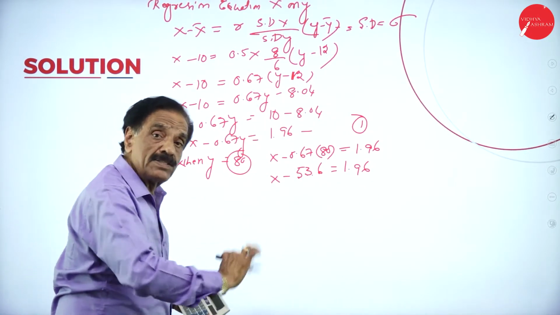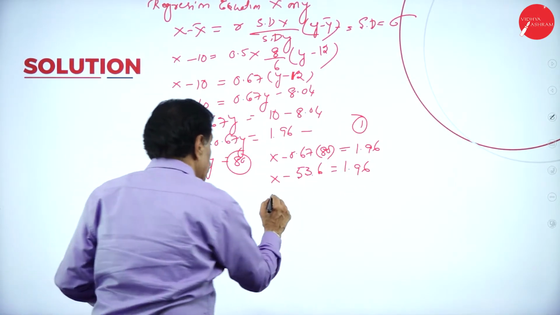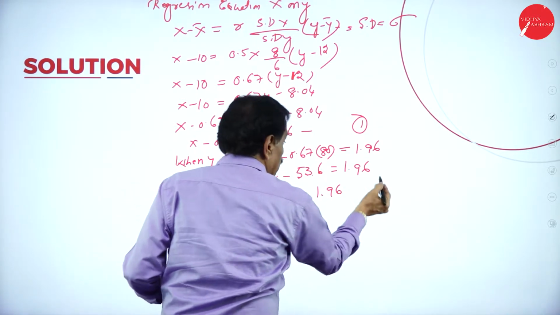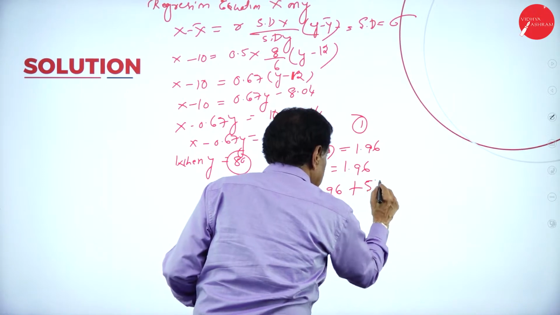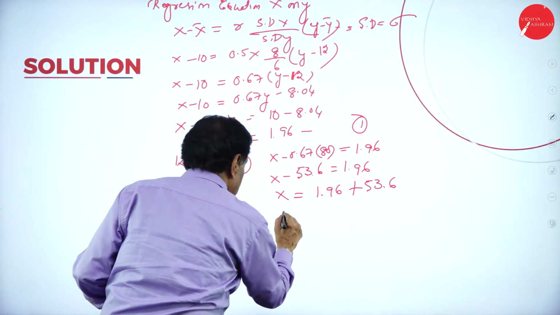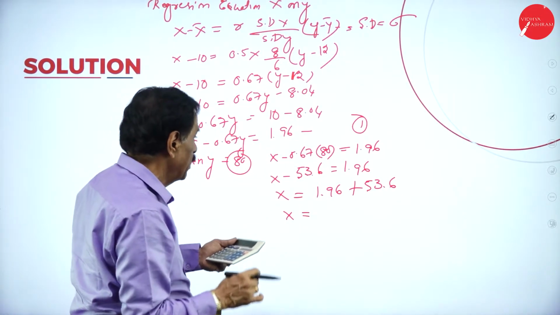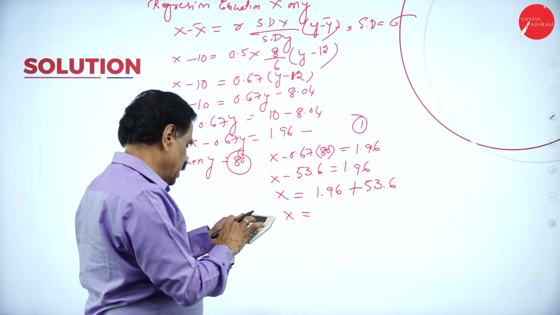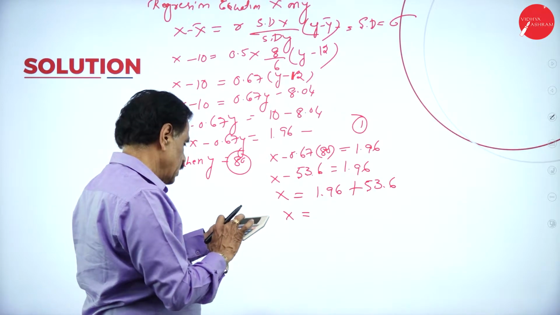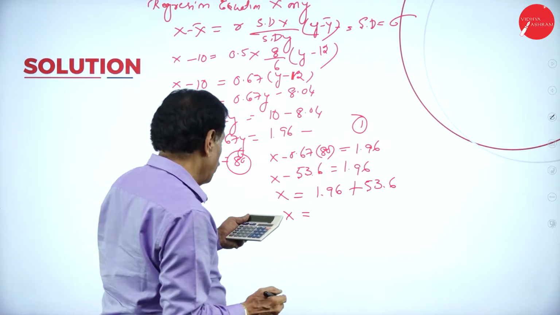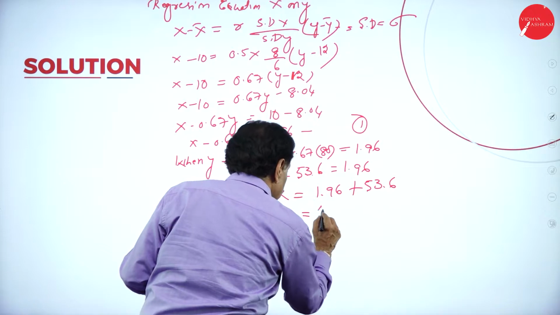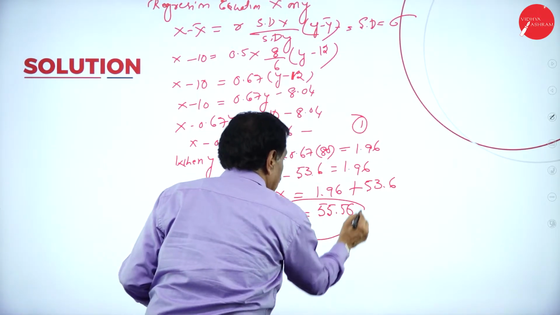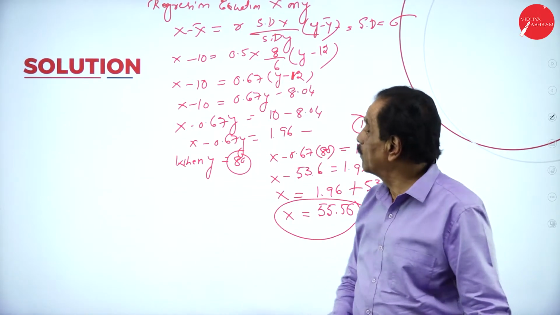Take 53.6 to that side, minus becomes plus. X equals 53.6 plus 1.96, which is 55.56. This is the answer.